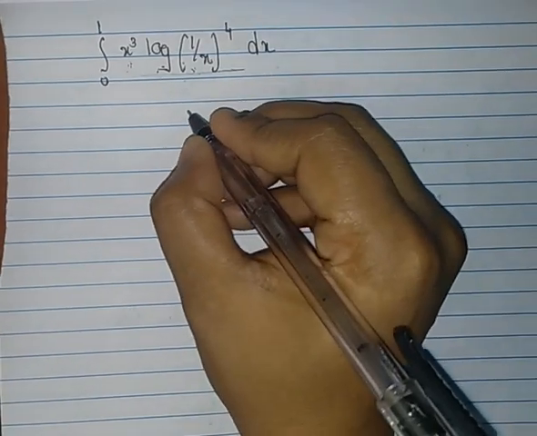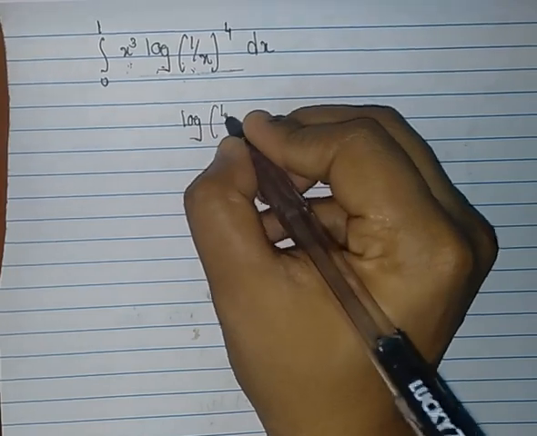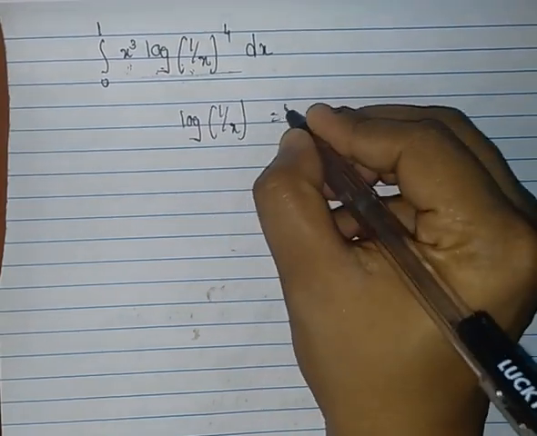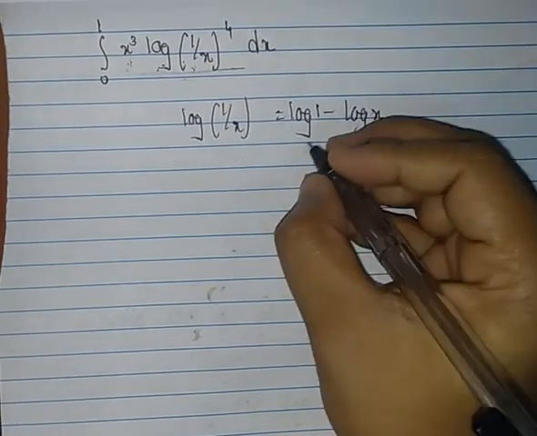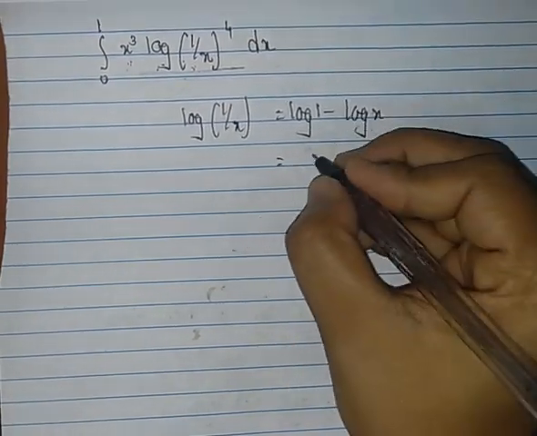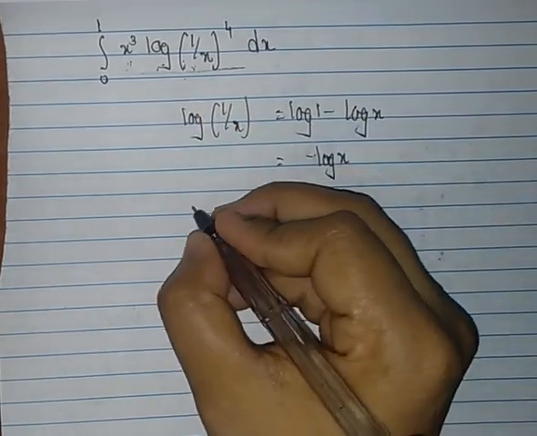So first we'll pick up the log term. What is the log term? Log of 1 by x is nothing but log 1 minus log x. The value of log 1 is 0, so it is minus log x. So log of 1 by x turns out to be minus log x.